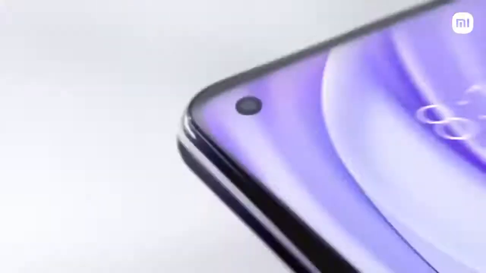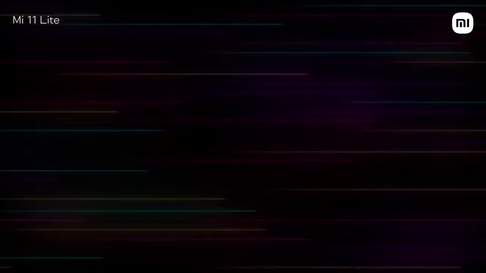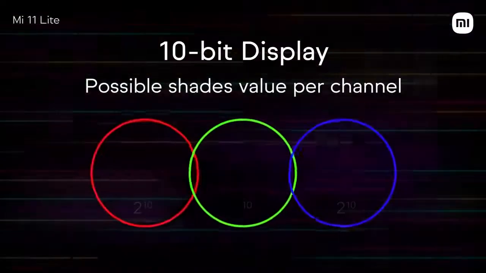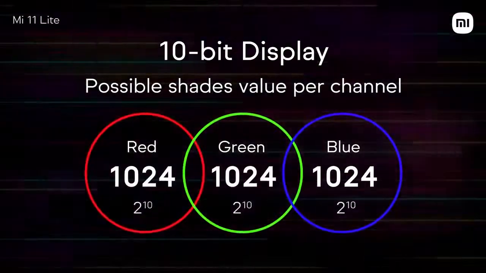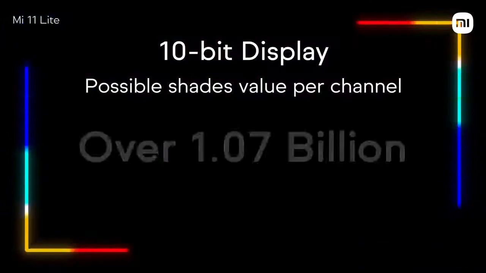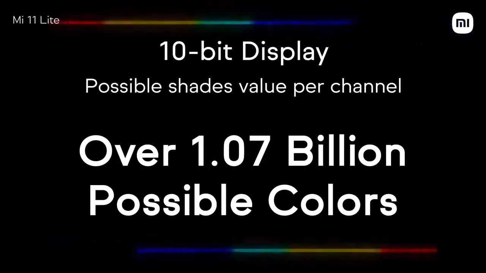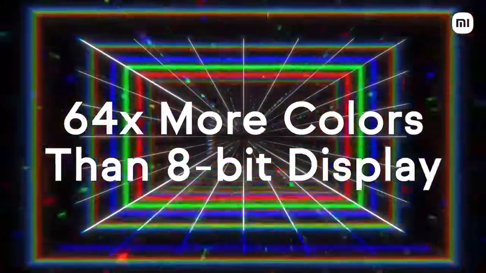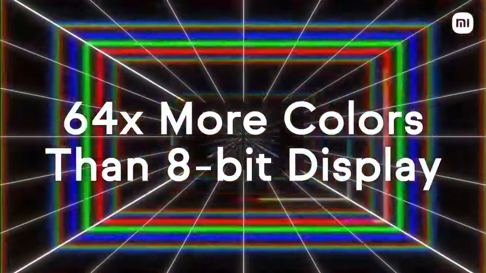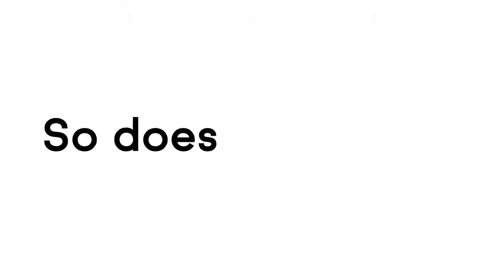A 10-bit display carries 1024 shades of red, green and blue colors, which means that it can produce 1.07 billion colors instead of just 16.7 million colors which you saw earlier on the 8-bit panel. Now this is 64 times more color information being decoded by a 10-bit panel when compared to the 8-bit panels.